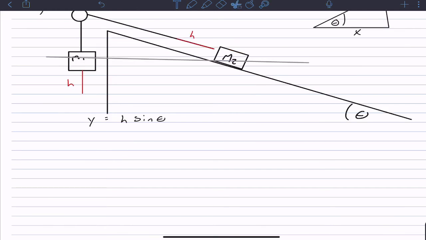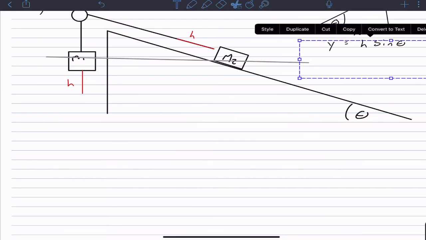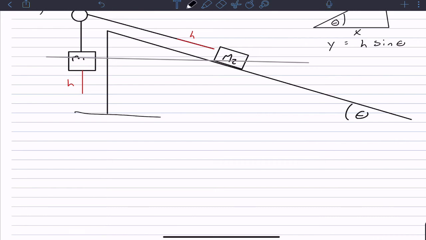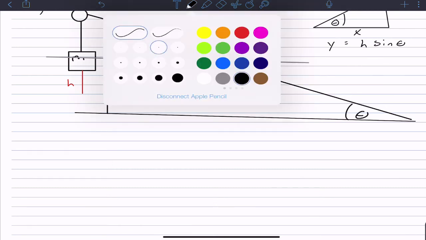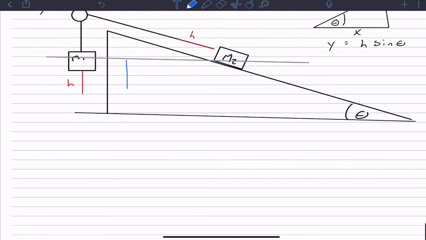A couple seconds to extend this a little bit. So you can see that now when this thing falls a distance of h, there's still some distance left. What I'm claiming is that this total distance, that these things are above the ground, since they're both at the same distance from the ground initially, is L. And so what's going to be left after this point here is L minus h.